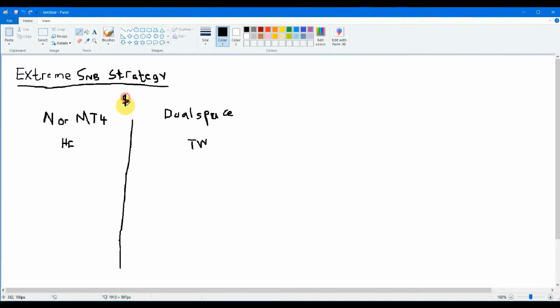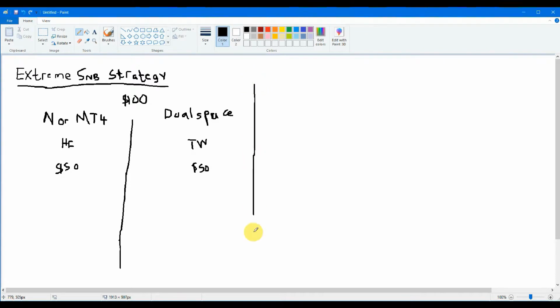Now if we've got $100 overall to invest, we're supposed to split that 50-50 between the two accounts. So we are going to deposit $50 in Hotforex and the remaining $50 in Traders Way.